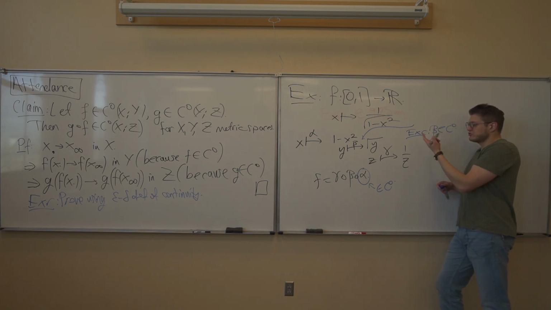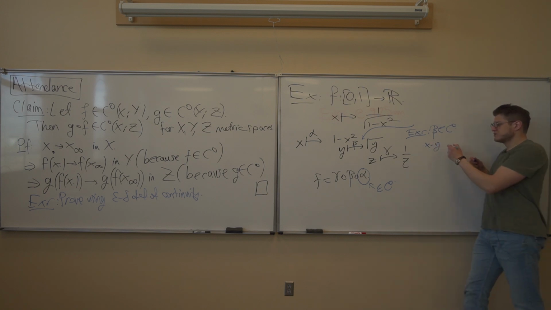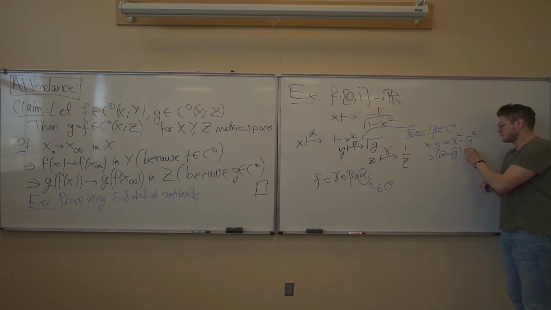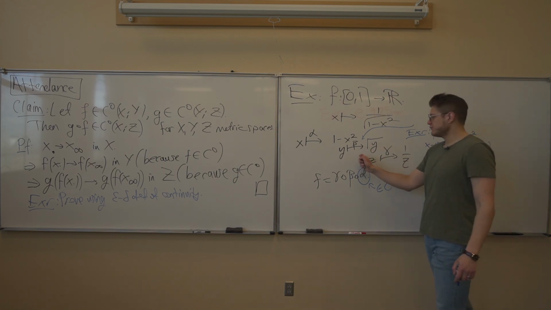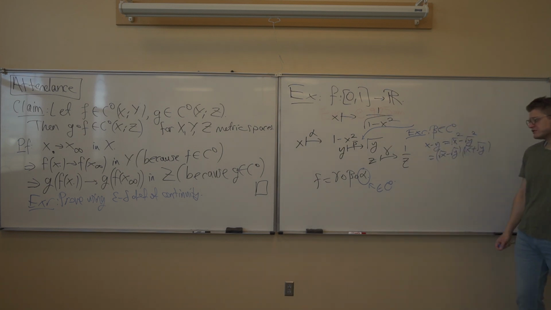And the trick you may try using is that you can write x minus y as, well, the square root of x squared minus the square root of y squared, and then you can factorize this. Using this identity, it's not too painful to show either using epsilon delta or a sequence that beta is continuous.